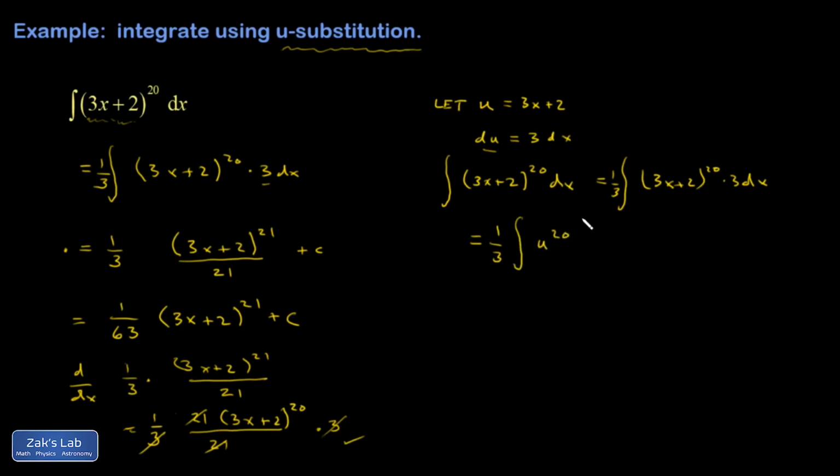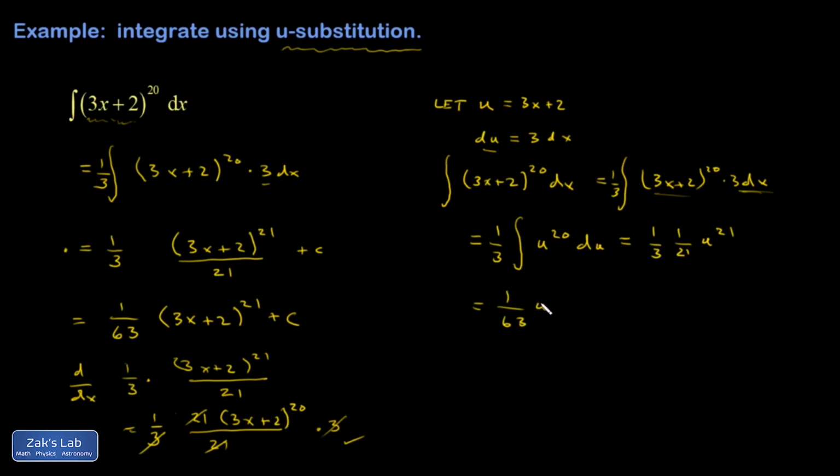So u to the 20th. And this is just du. And now I go, okay, it's a simple power function. So I get u to the 21st over 21. Or 1 over 63.